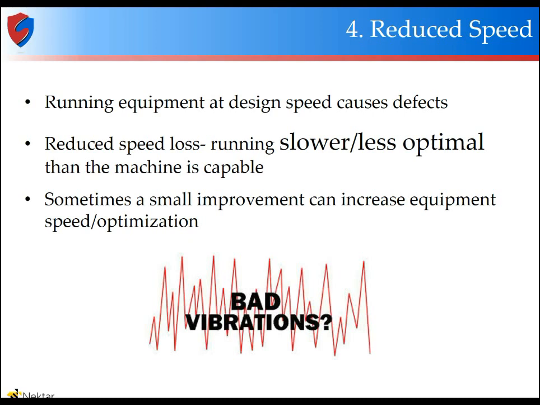Reduced speed. Again, equipment is designed to run at a certain speed, but equipment is also made out of lots of moving parts. Bearings, bushings, cams, cam followers, belts, V-belts. And what happens is, with time, wear, maybe some contamination, improper lubrication, things of this nature, you start to get some vibration, some noise in the system.